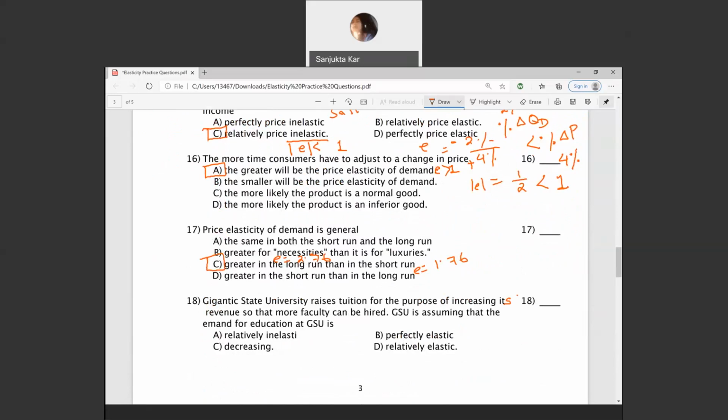Gigantic's GSU is assuming that the demand for education is relatively inelastic. So relatively inelastic, price increases, total revenue increases. The total revenue is equal to price times the quantity. Okay.